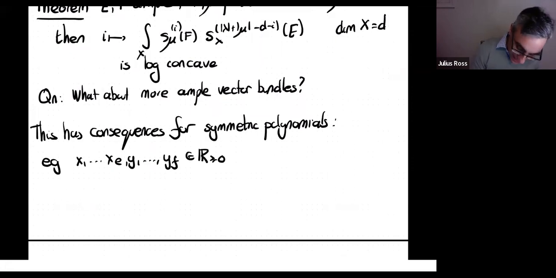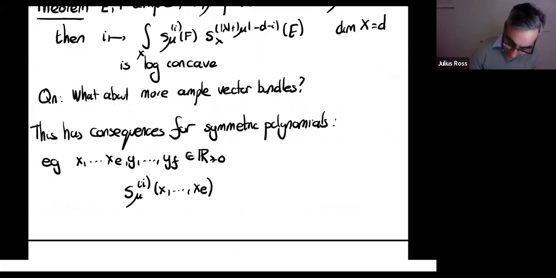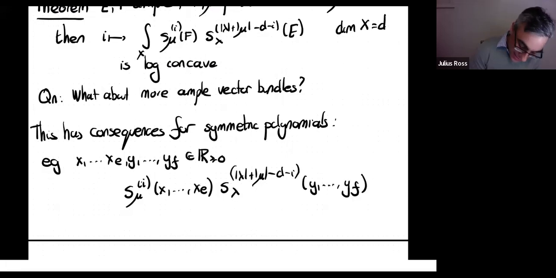Let's consider this thing where you take the ith derived polynomial of mu and plug in the x's to it, and you multiply that by some derived polynomial of lambda, of y1 up to yf. I've got to get the numbers right. So for each I, this is a number.